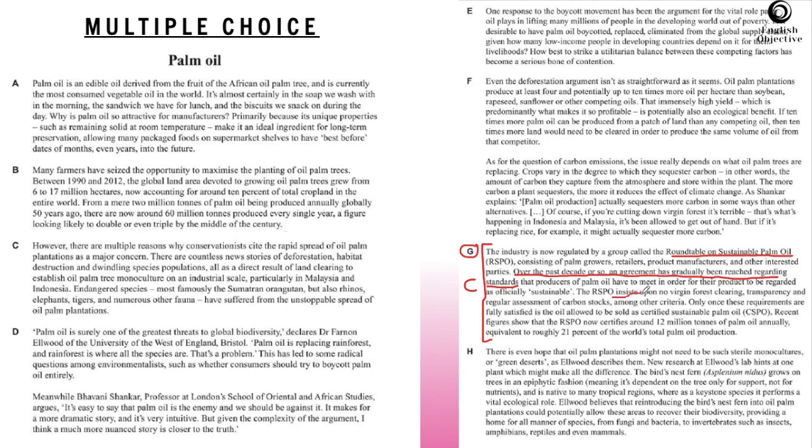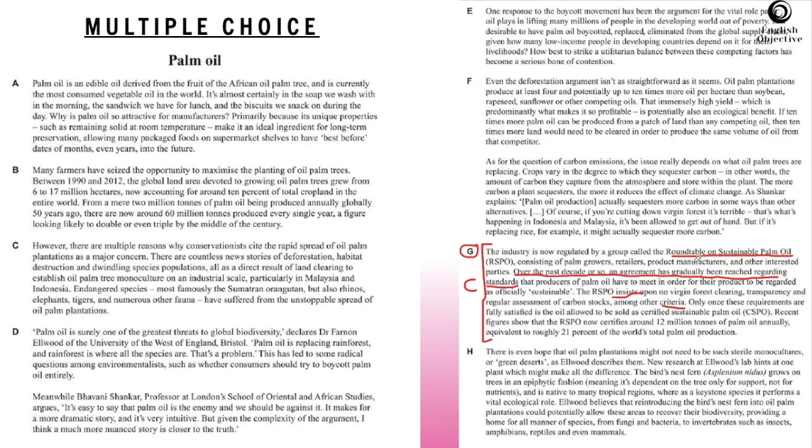This organization insists, so it's quite a strong verb, no virgin forest clearing, transparency, and regular assessment of carbon stocks, among other criteria. Okay, so it's about the duties and about the certification, allowed to be sold.